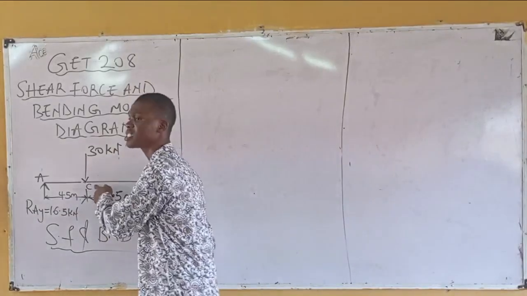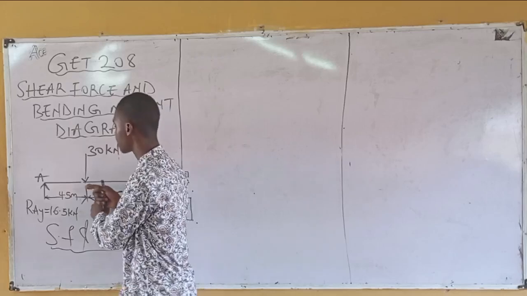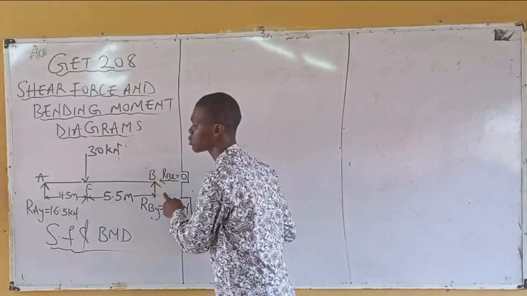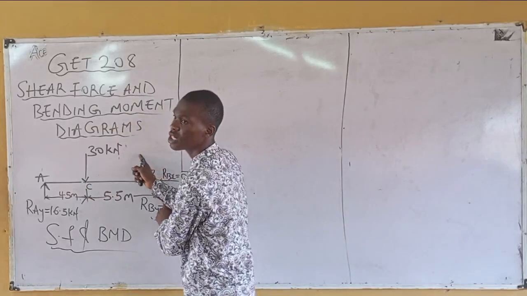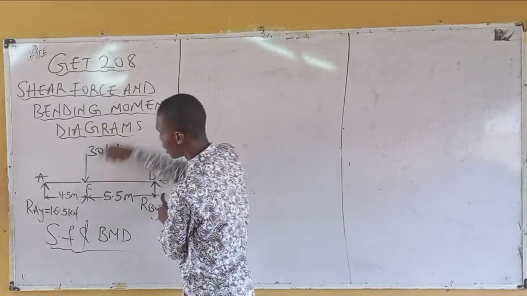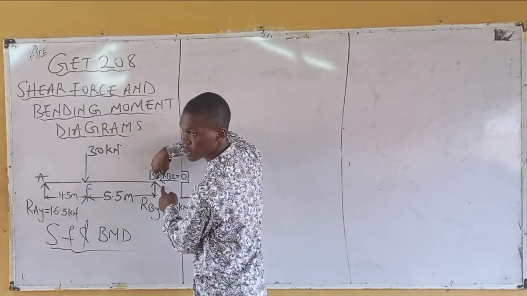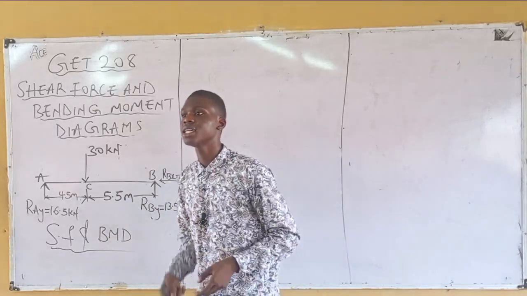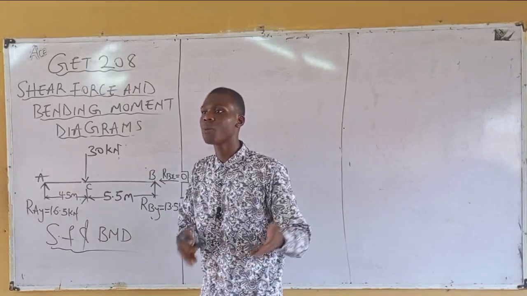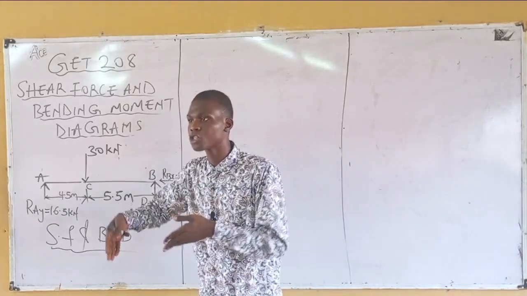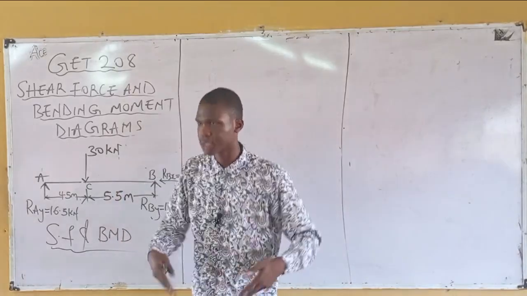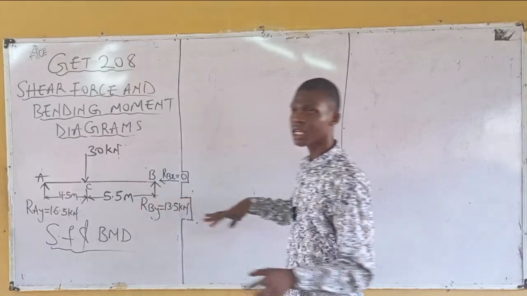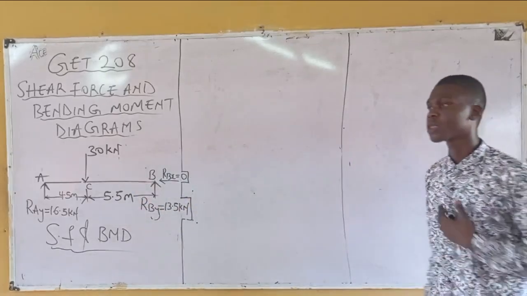Let's say I want to calculate shear force value at point B, meaning I'm considering the algebraic sum of forces behind this point B. That's your number 1. Your number 2 is now the addition of your number 1 and the force on that point. But you'll see what it means when we start solving.